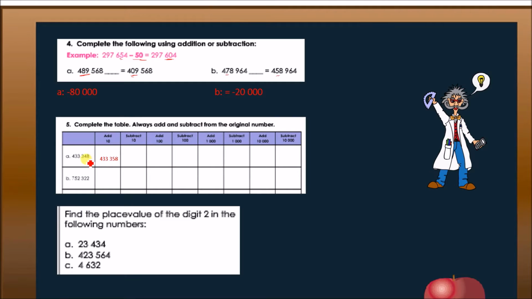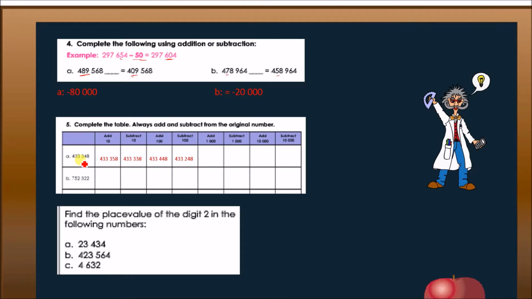Subtract 10, it means I take 10 away there, so it becomes 338. Add 100, so we add 1 there, and it becomes 433,448. Subtract 100, now we take 100 away from there, and it becomes 248.